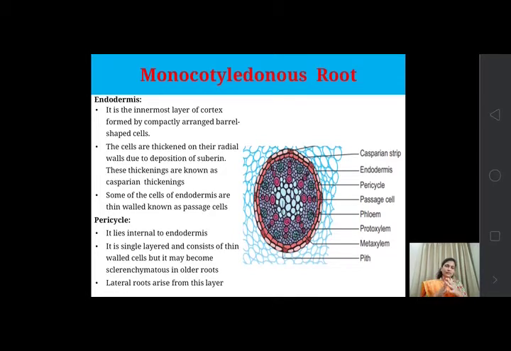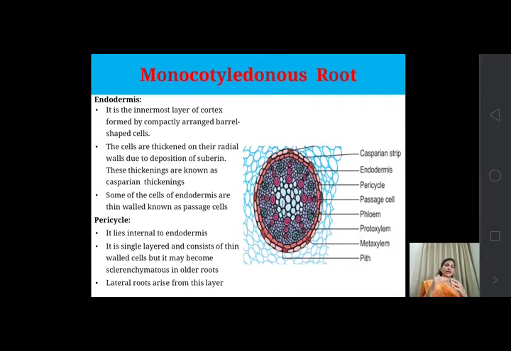You can understand up to this point, the first layer is the epiblema, then the cortex region. The epiblema may contain the exodermis portion also. Cortex is multi-layered, then it ends with a barrel shaped, compactly arranged, thick walled endodermis.